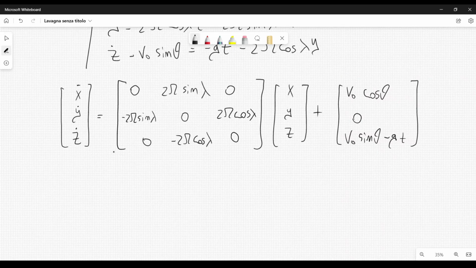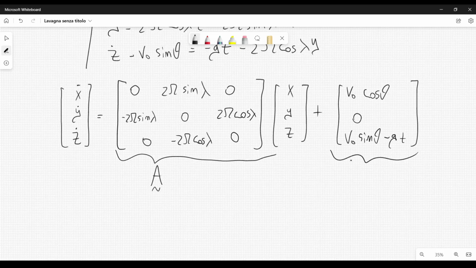We have a matrix here, which is anti-symmetric, but that doesn't really matter in this case. We are not interested in the form of the matrix. We just want to rewrite the system in this way. So we have this matrix that I can call A, and I will put a tilde here to denote that this is a matrix.